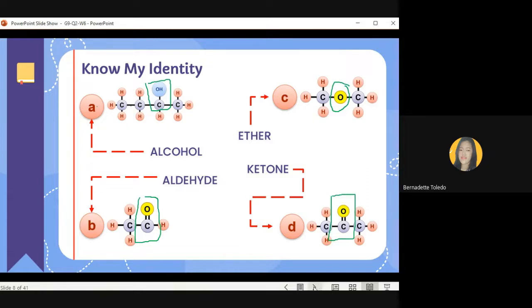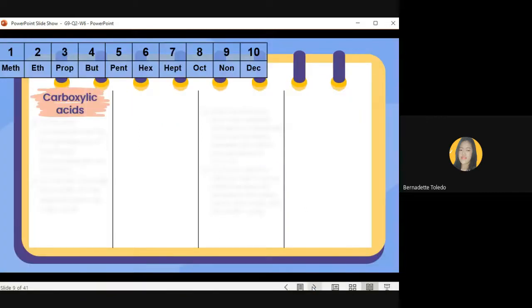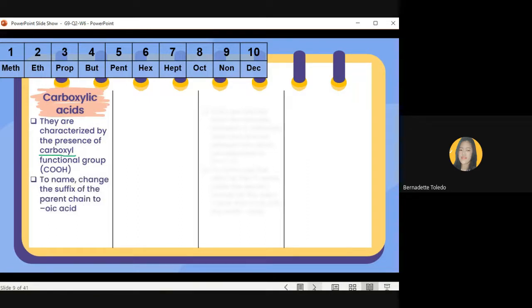Now, let's move on to another functional group, which is the carboxylic acids. One common example of carboxylic acid is the vinegar, which is the acetic acid. So, carboxylic acids are characterized by the presence of carboxyl functional group. So, si carboxylic acid, ang functional group niya is carboxyl group. Now, to name the carboxylic acid, we will just change the suffix of the parent chain to -oic acid.